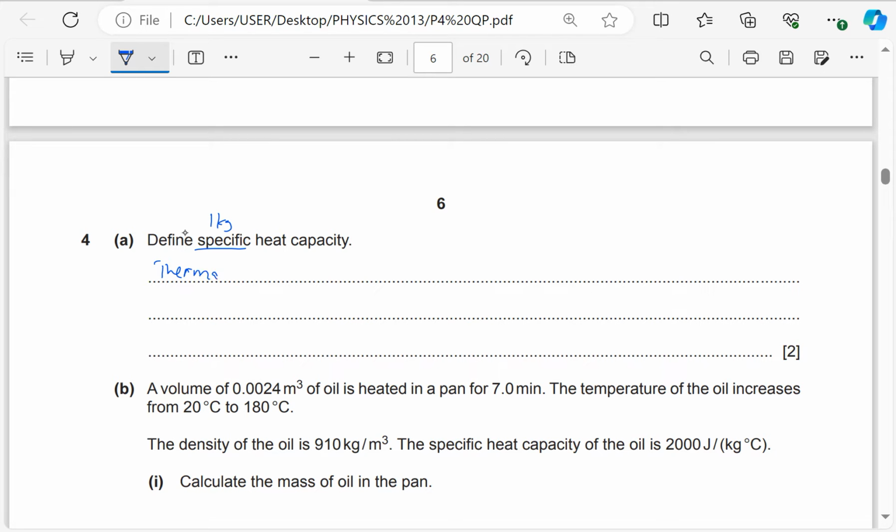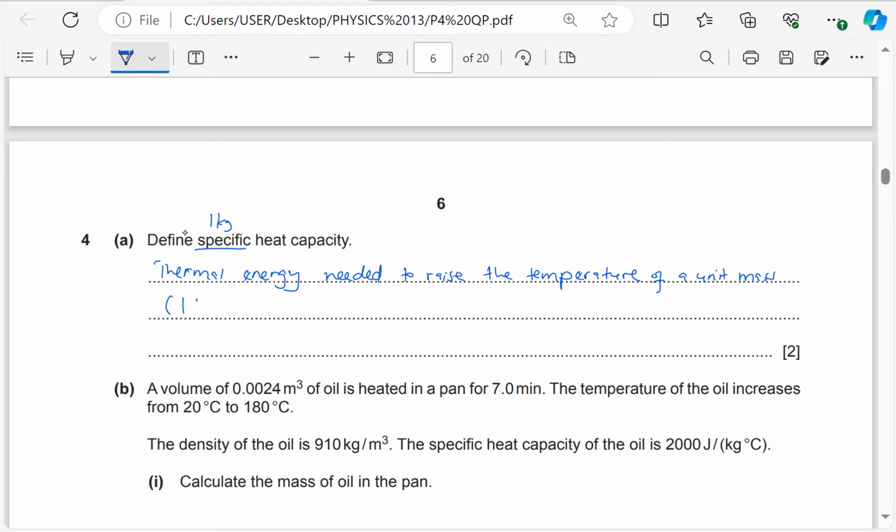needed to raise the temperature of a unit mass, or of 1 kilogram mass.